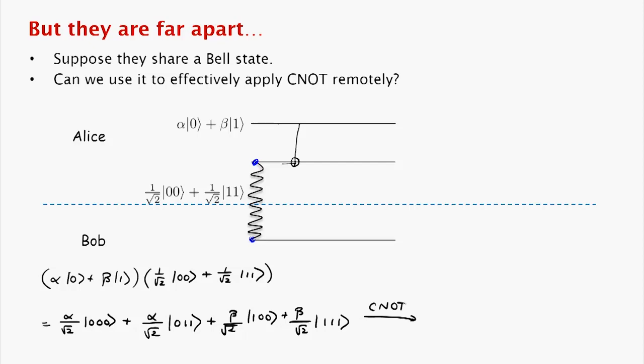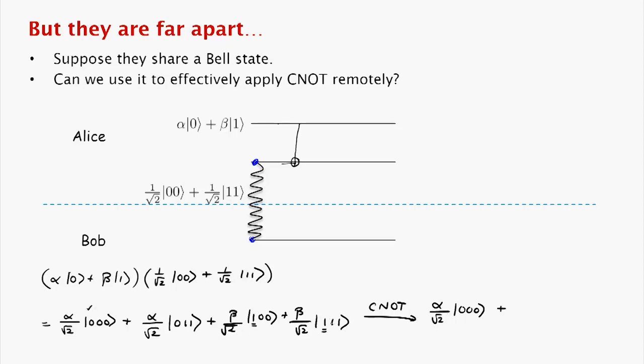Now what happens when you apply a C0 from the first qubit to the second qubit? Well, nothing changes on these two because the control bit is 0. But here, in these two cases, the control bit is 1. And so you get alpha over square root 2 000, plus, so that's this term.